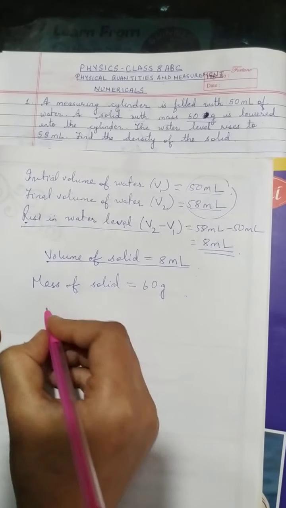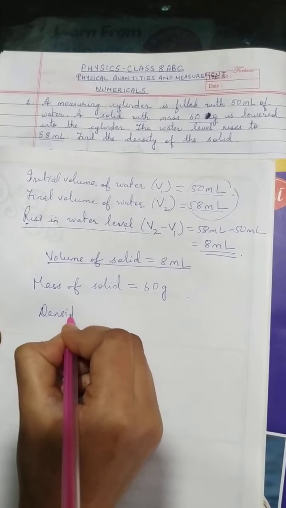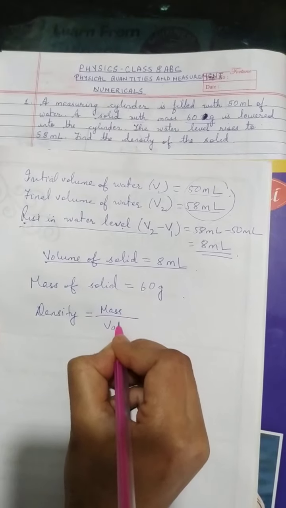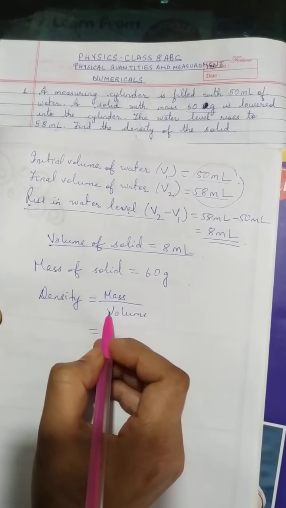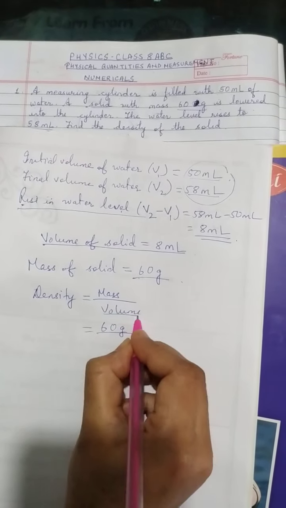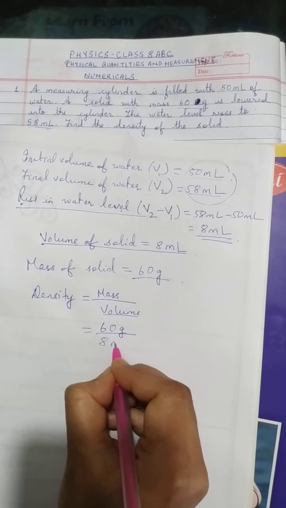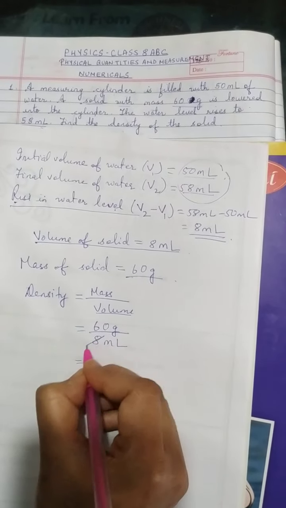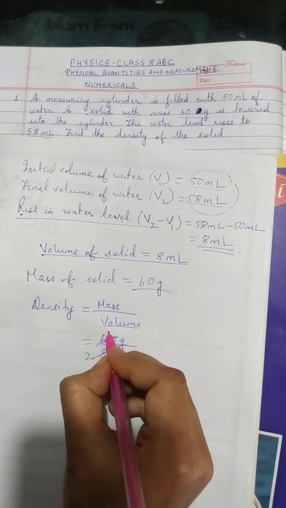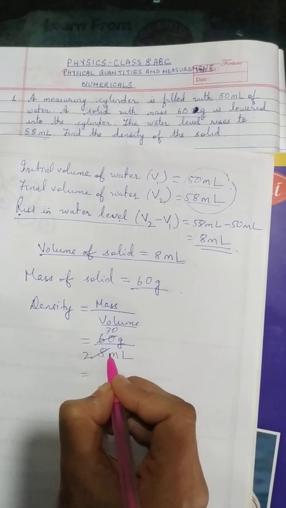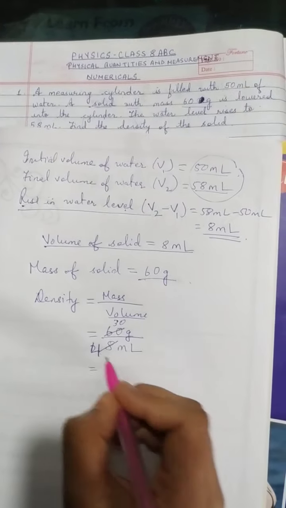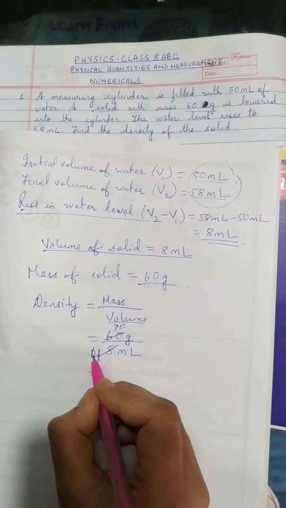And we are concerned about the density of the solid. So let's put the formula, which you know, it is equal to mass upon volume. Replace the values from your calculations here. Mass is already given in the question, 60 gram. Volume, you just calculated it to be 8 milliliter. You may cancel. 2 4 times 8, 2 30s are 60.